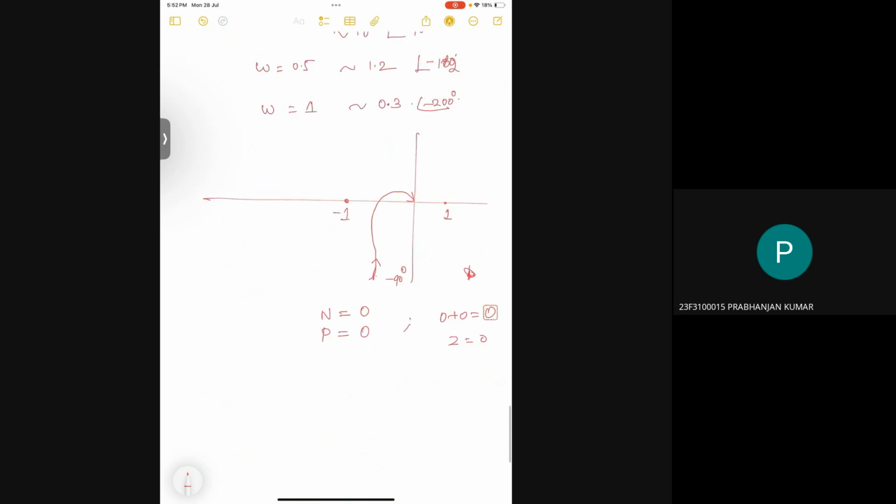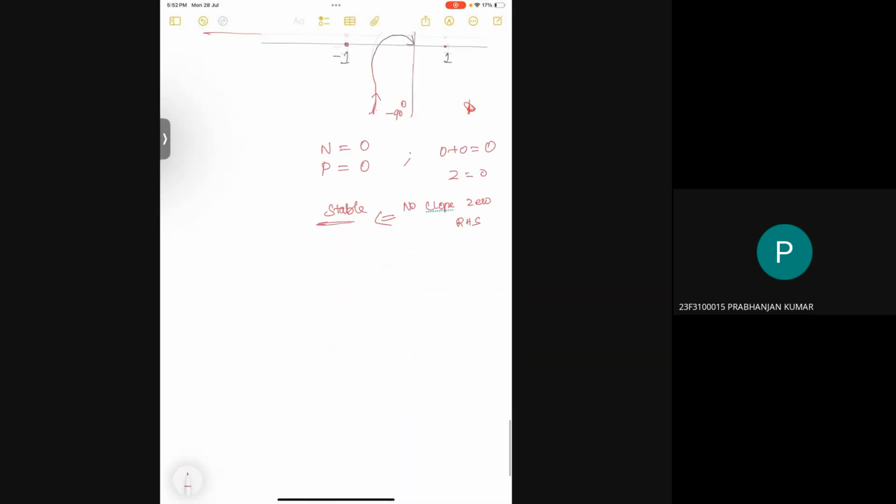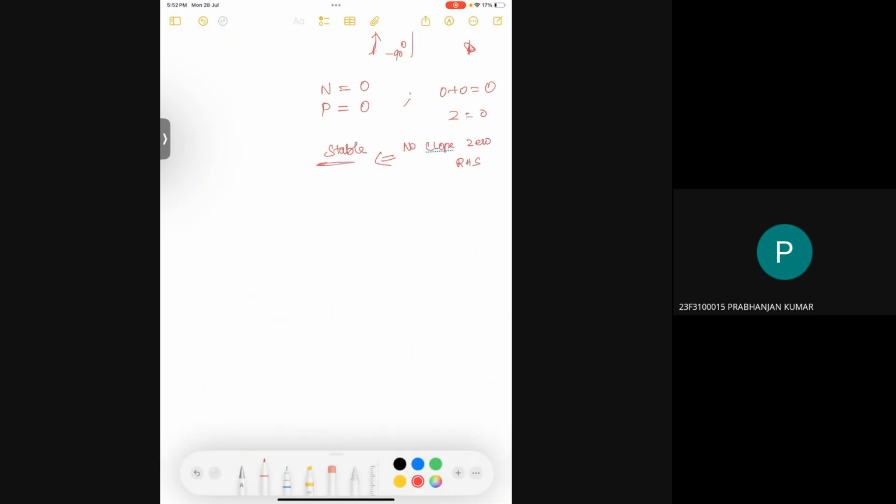This is saying that there is no closed loop pole lying in the right half of the S plane. So the system is stable. This is how you identify whether the system is stable or unstable based on the encirclements of the Nyquist plot.